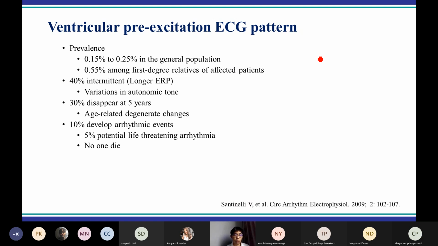40% is intermittent. It means that 40% can experience tachycardia intermittently. 30% will disappear at 5 years. So it is age-related degeneration.